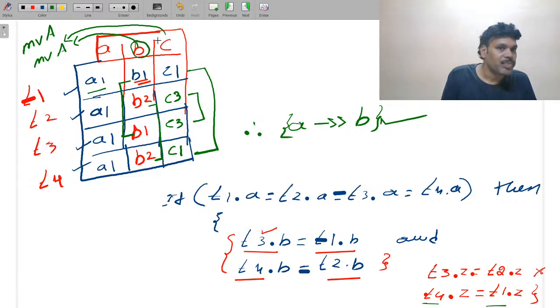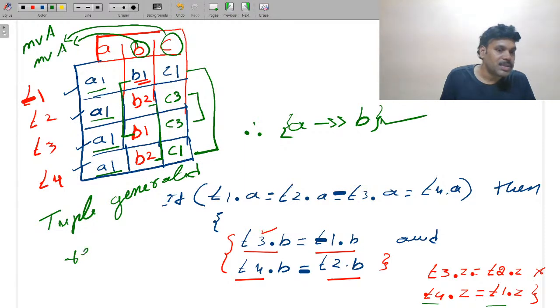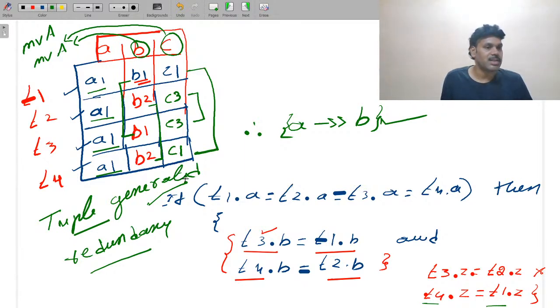This B and this C are multi-value attributes. That's why A is unwantedly repeating. That is the concept of tuple generated redundancy. Tuple itself is going to generate redundancy.